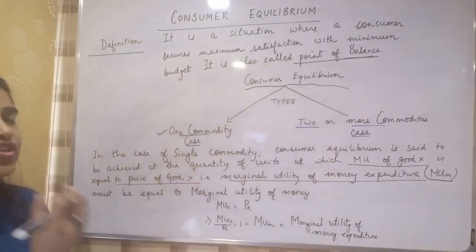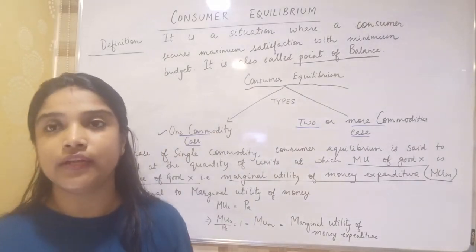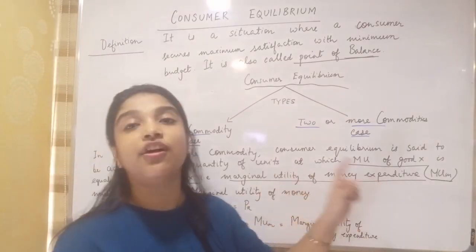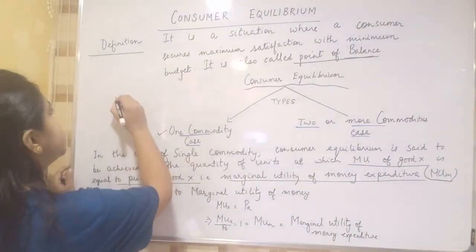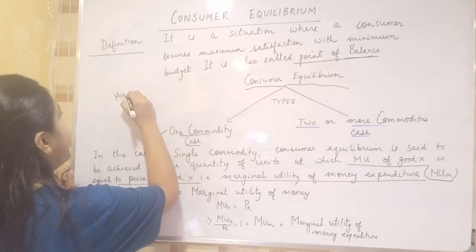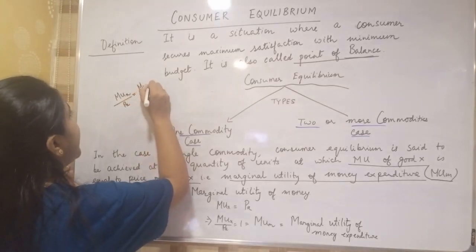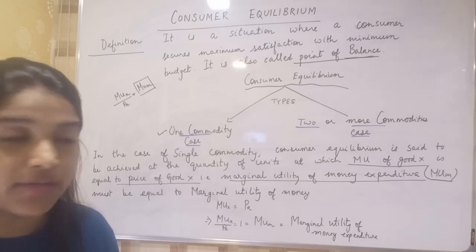Basically the ratio between the marginal utility of a good and the price of a good is termed the marginal utility of money expenditure, that is MUM. Just make a note somewhere that MUx by Px is equal to MUM, that is marginal utility of money expenditure.